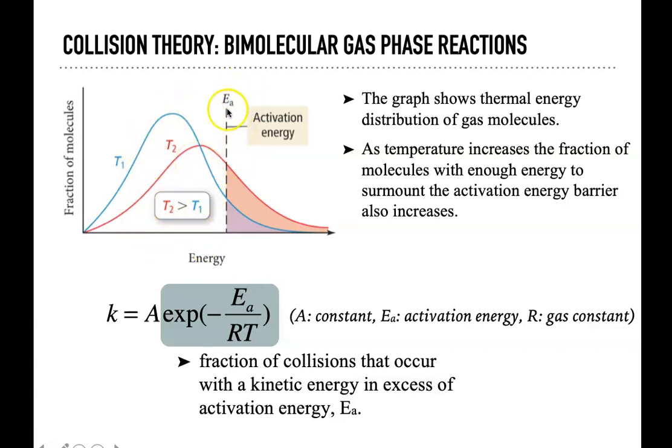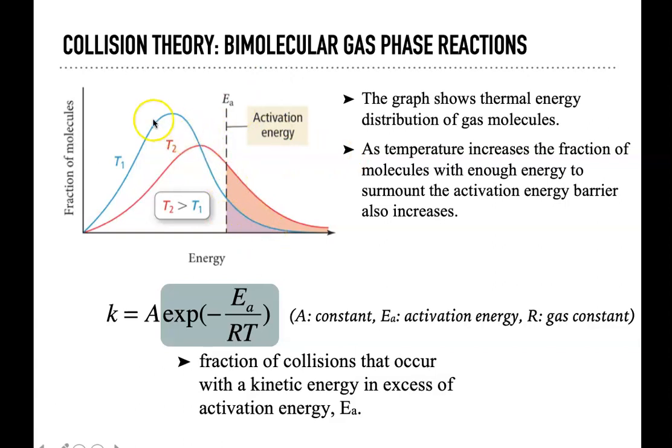Now, this is called the activation energy right there. Molecules should have more than this activation energy. Then this fraction of molecules has enough kinetic energy to overcome the activation energy. When these particles collide with each other, the reaction goes to the product.